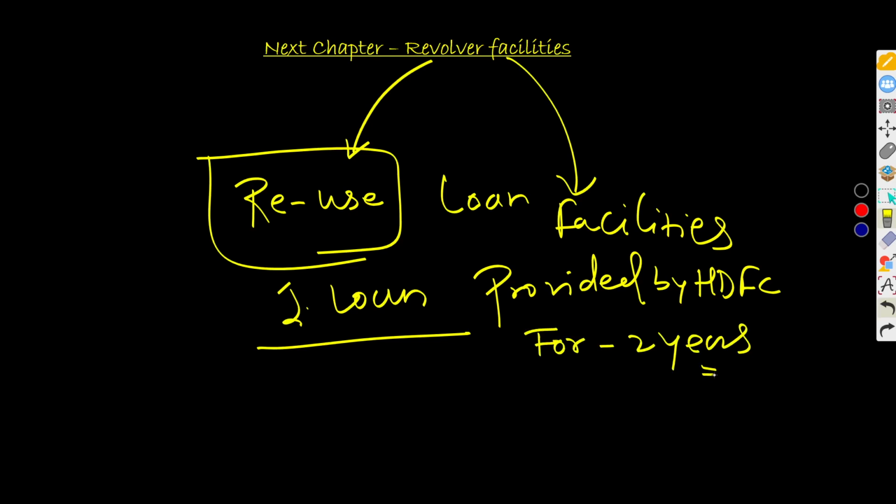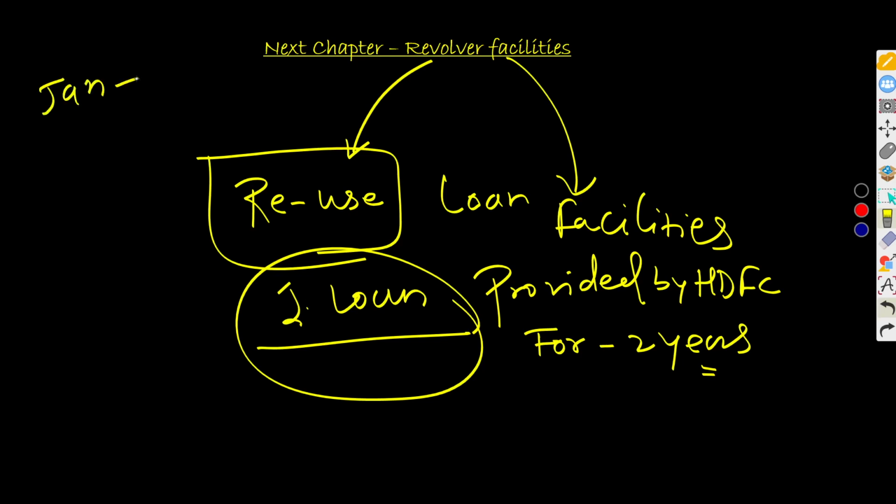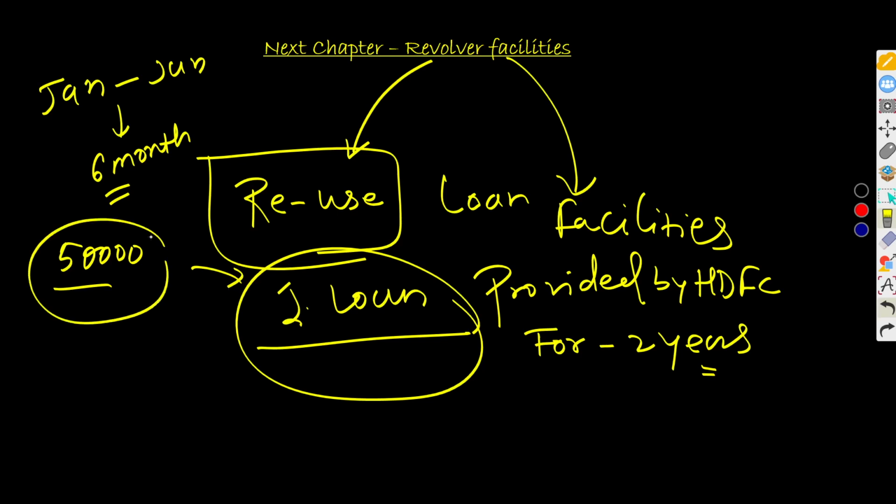So in this case you have a limit of 1 lakh that you can utilize. For example, let's assume that from January to June, for 6 months, you have utilized 50,000 out of 1 lakh. So you need to pay only interest on this amount.